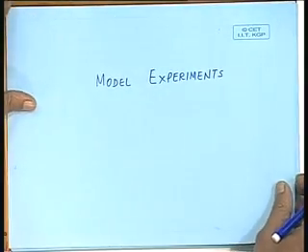Why do we require model experiments? One, of course, we know is to obtain the resistance of the ship in full scale. There is another reason why we do model experiments. As I have explained earlier, we know that the resistance of a vessel cannot be accurately predicted by theoretical means.